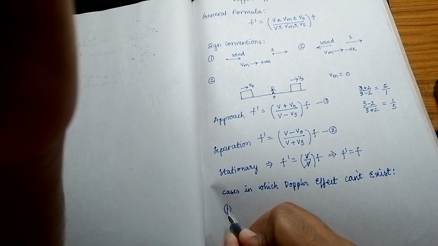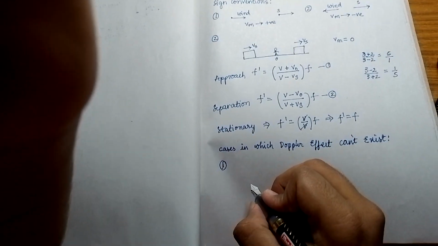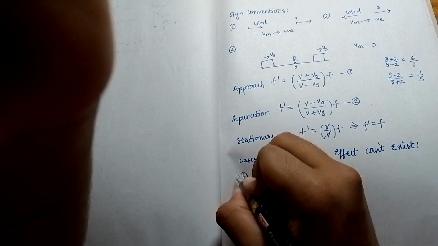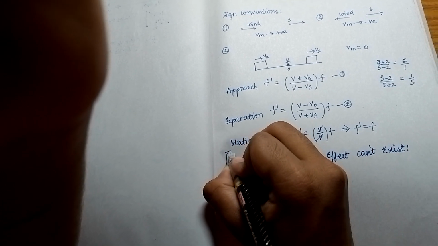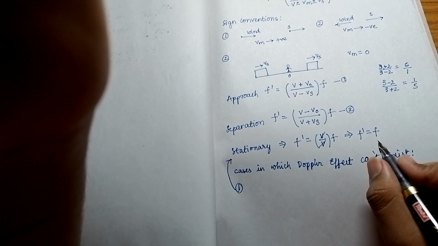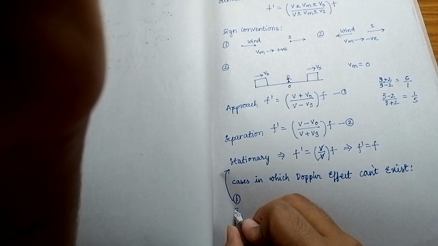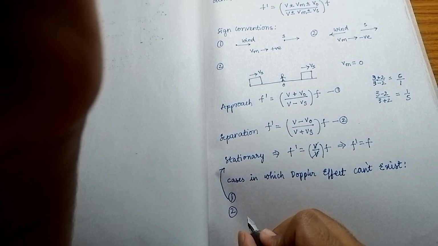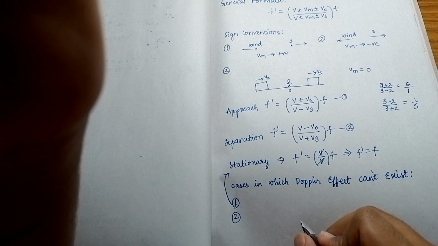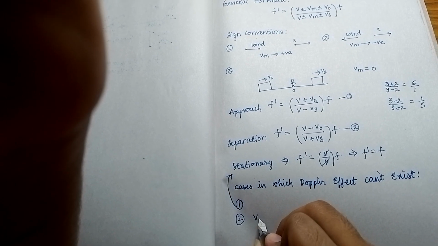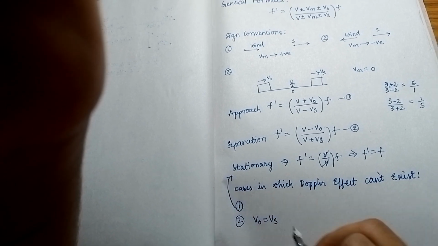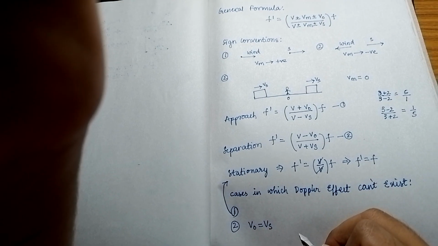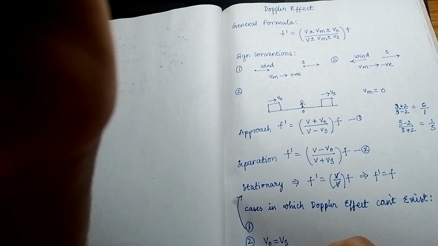Case 1 is when they both are stationary. Case 2 is when their velocities are equal, that is V naught equals Vs. So what happens if V naught equals Vs? Let us see.